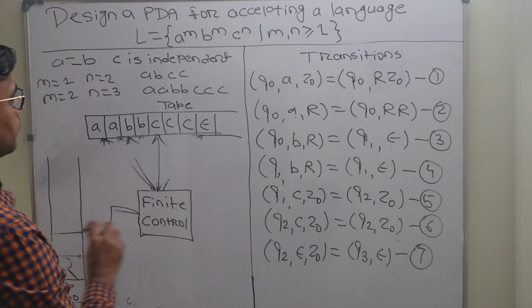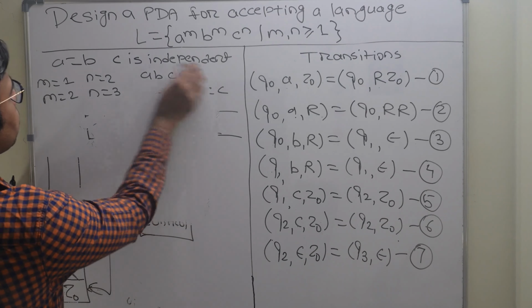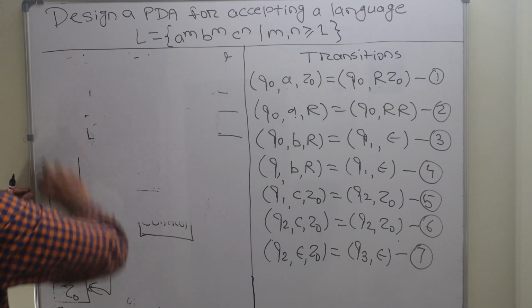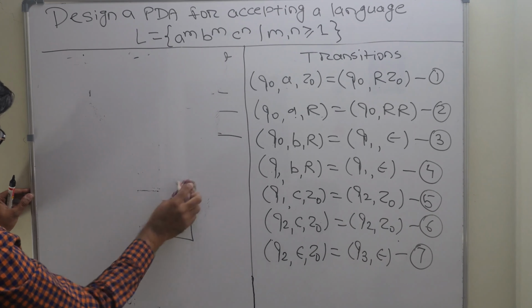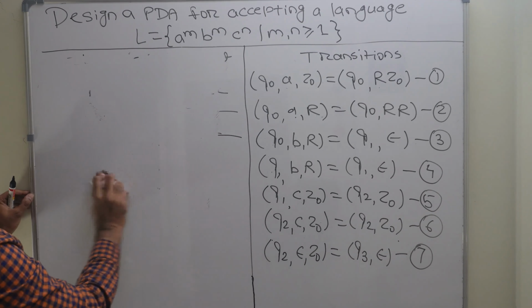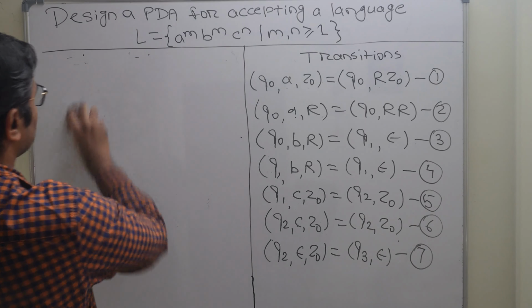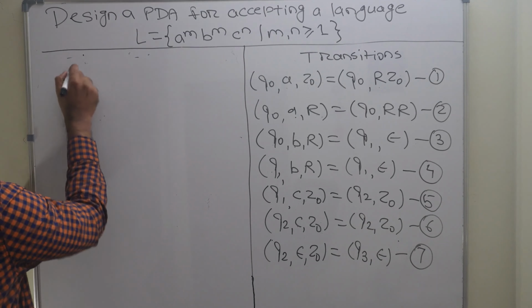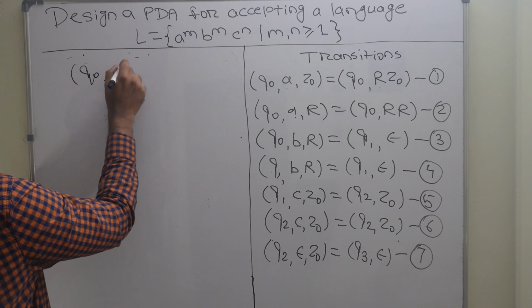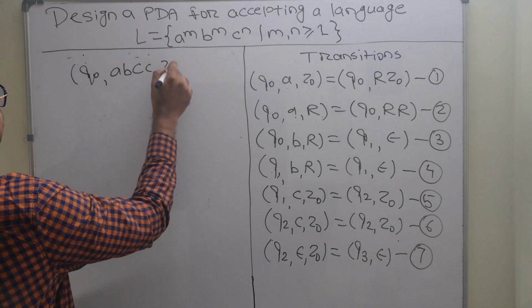Then I will trace it for A, B, double C. What is the use of validation? Validation ensures that your rules are correct. So I will take Q0, A, B, C, C, Z0.